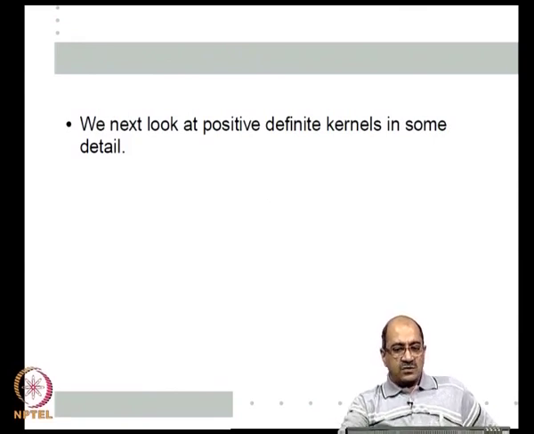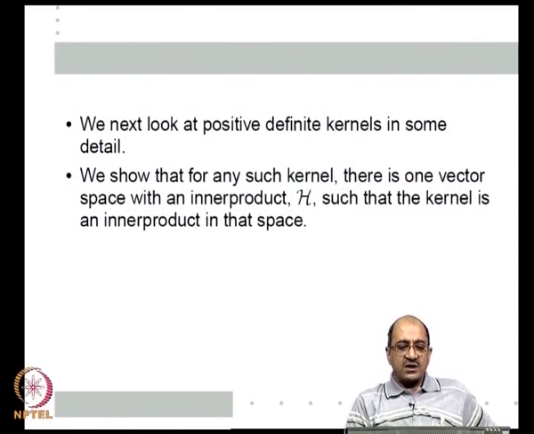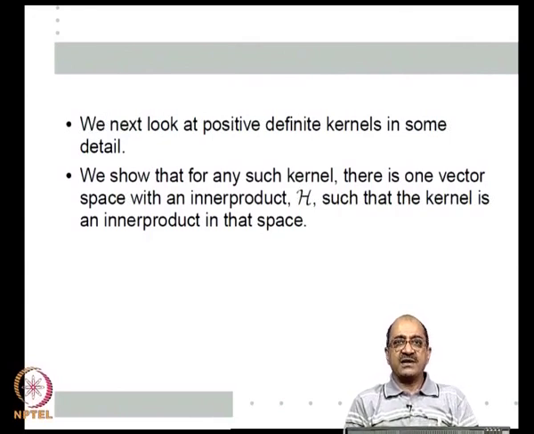Okay. So, we look at positive definite kernels in some detail, because these are one of the most important kernels for pattern recognition today. So, we will show that for any such kernel there is one vector space, we will call that H, script H, which has an inner product on it. So, a vector space endowed with an inner product that we can construct, so that the kernel is an inner product in that space.